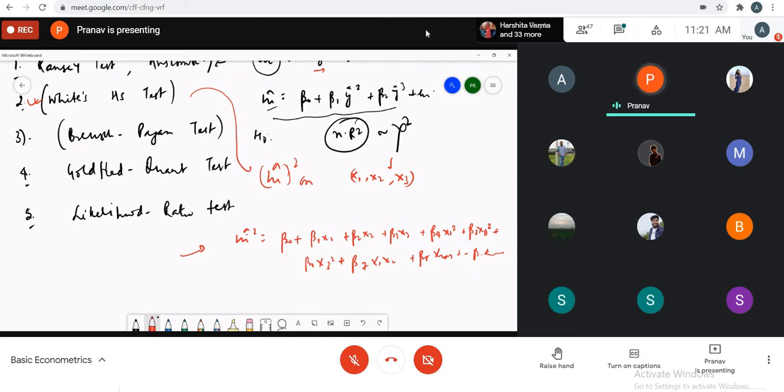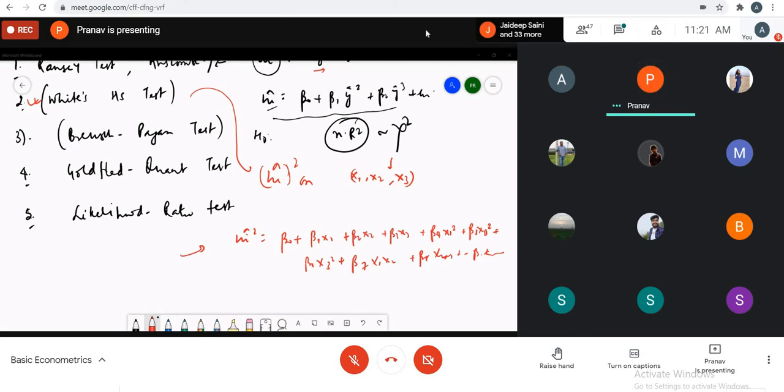It means your errors are heteroskedastic. And if N times R square, that is chi-square calculated, is less than chi-square critical, you do not reject the presence of homoskedasticity. In that case, your errors are homoskedastic. Is this clear? Yes, sir. Is this clear, all of you?